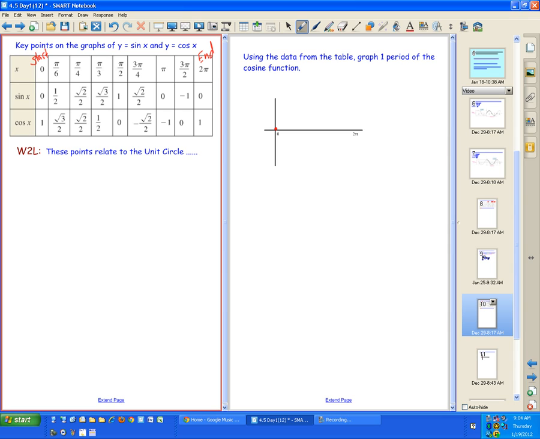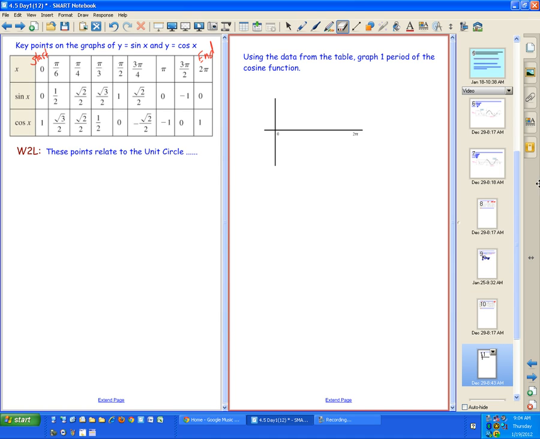And at 2 pi, oops, I graphed that wrong, sorry. For cosine, I have 1 and negative 1 down here. Helps if I actually look at my starting point: when x is 0, I get cosine as 1, so I get a point up here. At my end point at 2 pi, my cosine is also 1, so I get a point up there.